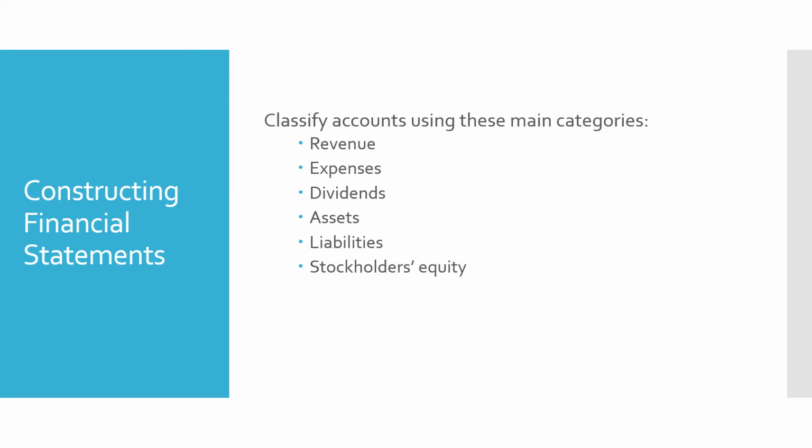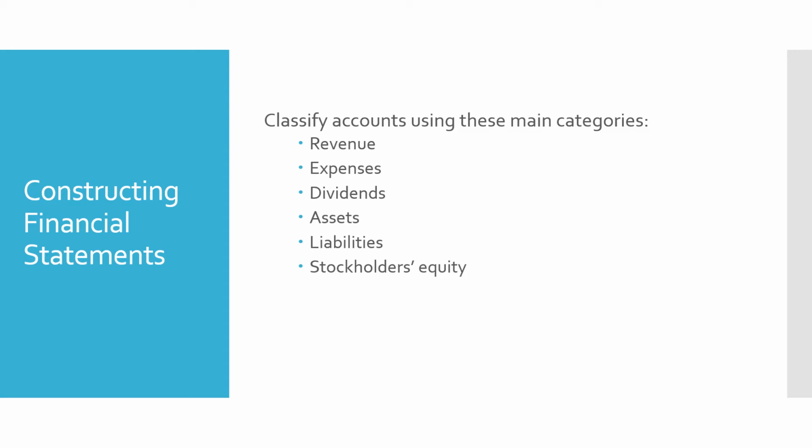So if you're given a set of financial information that you need to organize into financial statements, the first thing you're going to want to do is to go through and identify each of the accounts as a revenue, expense, dividend, asset, liability, or equity account.